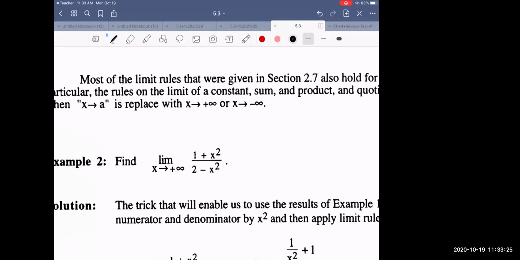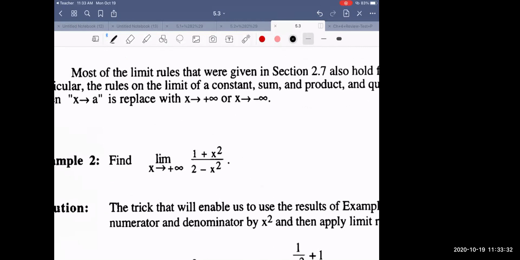We have this limit as x approaches positive infinity. I can't just plug infinity in here for every x, because if I do, I'm going to get 1 plus infinity squared over 2 minus infinity squared. And infinity squared plus 1 is what? What happens when you add 1 to infinity?